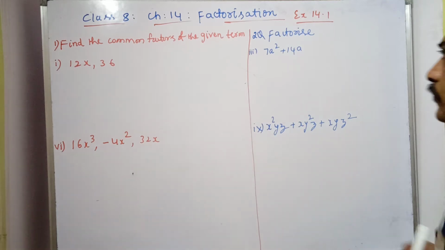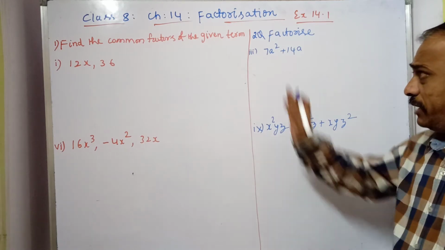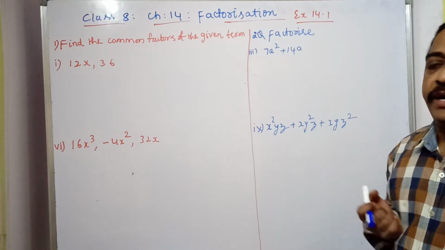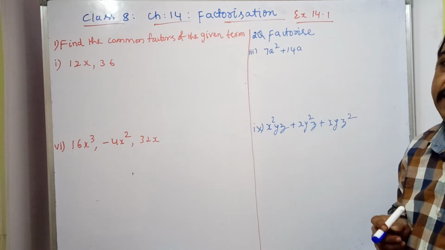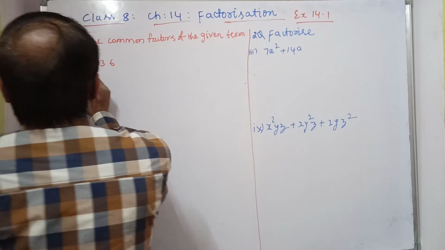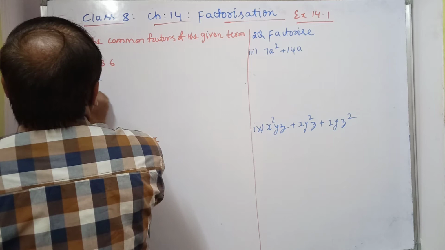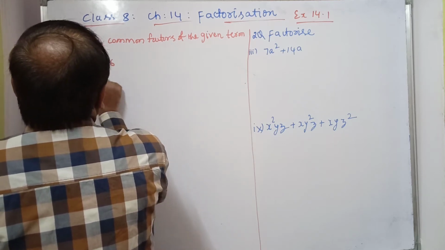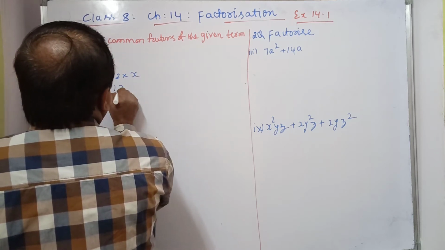Now let us see exercise 14.1. Find the common factors of the given terms. Whichever is the common maximum, we can't go further, that is the common factor. So highest common factor we have to find out. And the second question is factorize. So 12x and 36: 12x can be written as 12 into x and 36 can be written as 12 into 3.